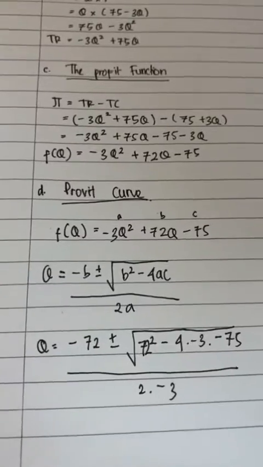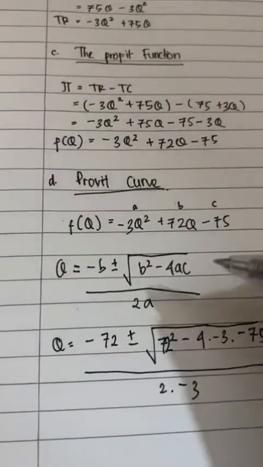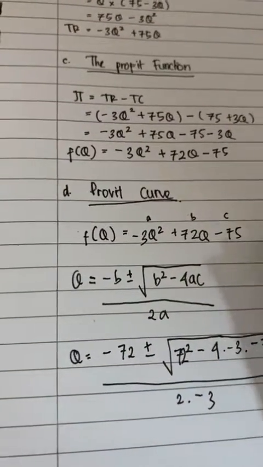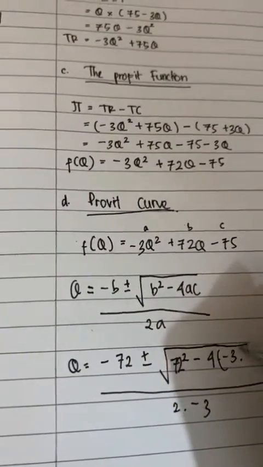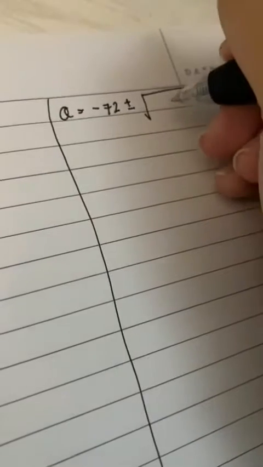Don't forget to divide by 2A, where A is minus 3. We already know the formula, so we calculate. 72 square is 5,184.